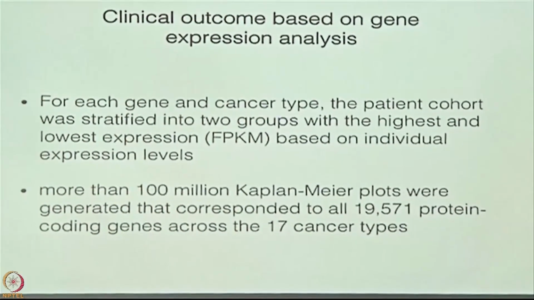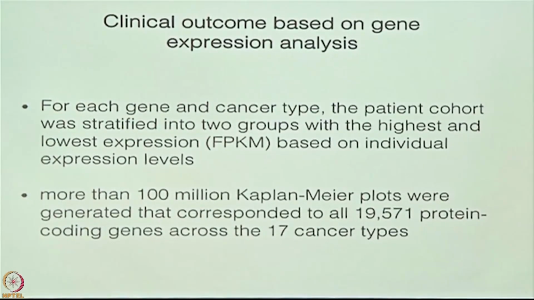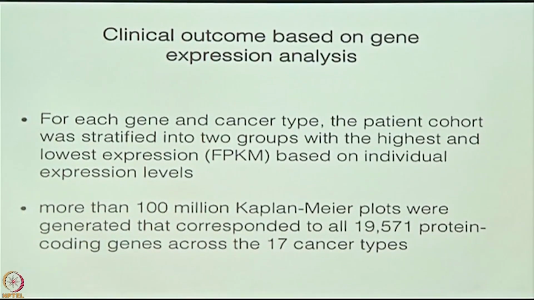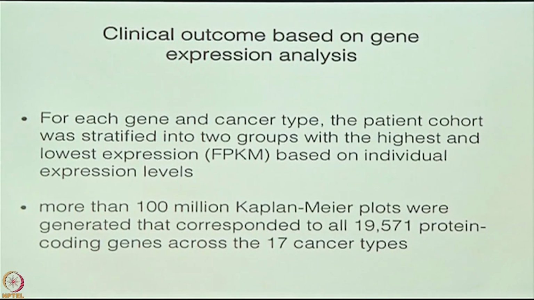We stratified the RNA-seq data in each patient into those expressing the highest and those expressing the lowest, and correlated that with the outcome. So the basic point was to see if this is the highest and the patient is doing badly, then that's not a good gene. That's finally what we wanted to say.